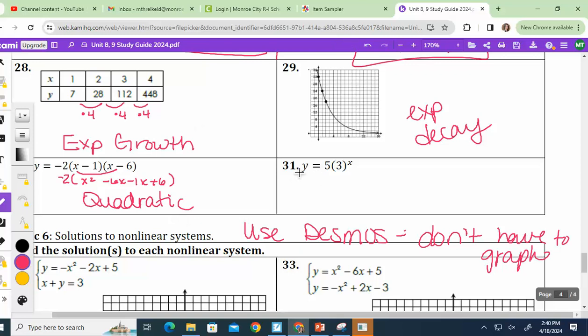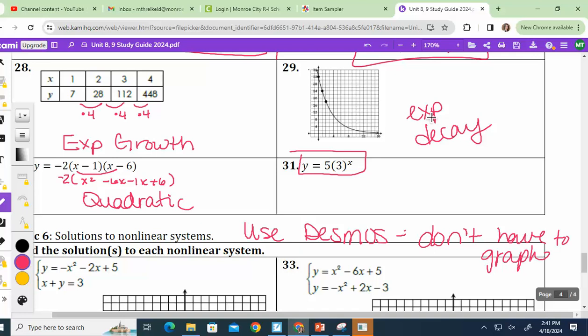All right, 31. Go to Desmos and graph this for me. All right, what does it look like?